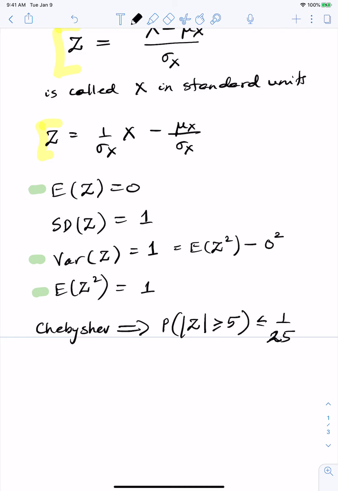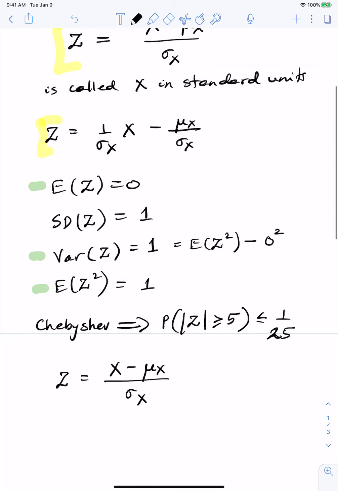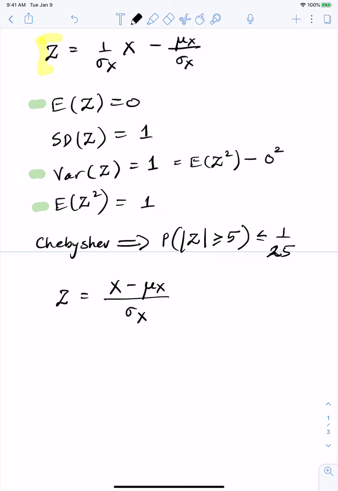And finally, you should be able to go back and forth. If you have X, then that's how you go from X to Z. And if you have Z, then remember that Z measures how many SDs you are above the mean.